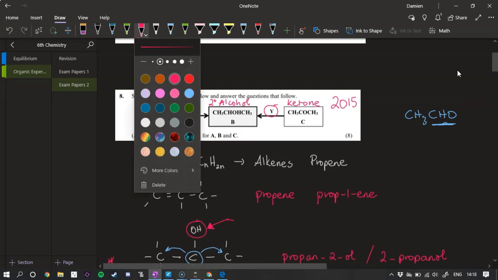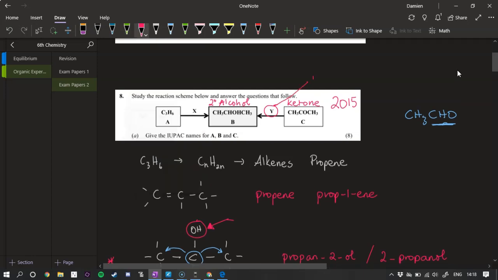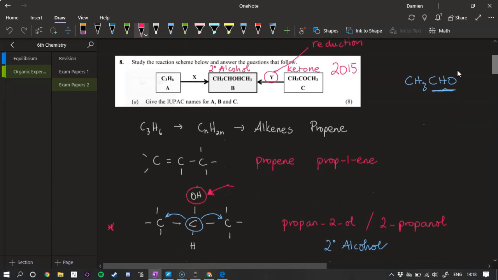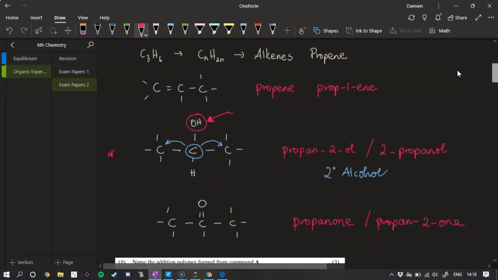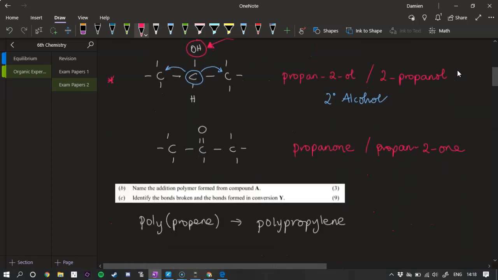So Y is a reduction. Now, we don't need that just yet because this question asks us which bonds are broken. So look at these two compounds here. We're being asked, how does this compound at the bottom form, what bonds are broken, and what bonds are formed?